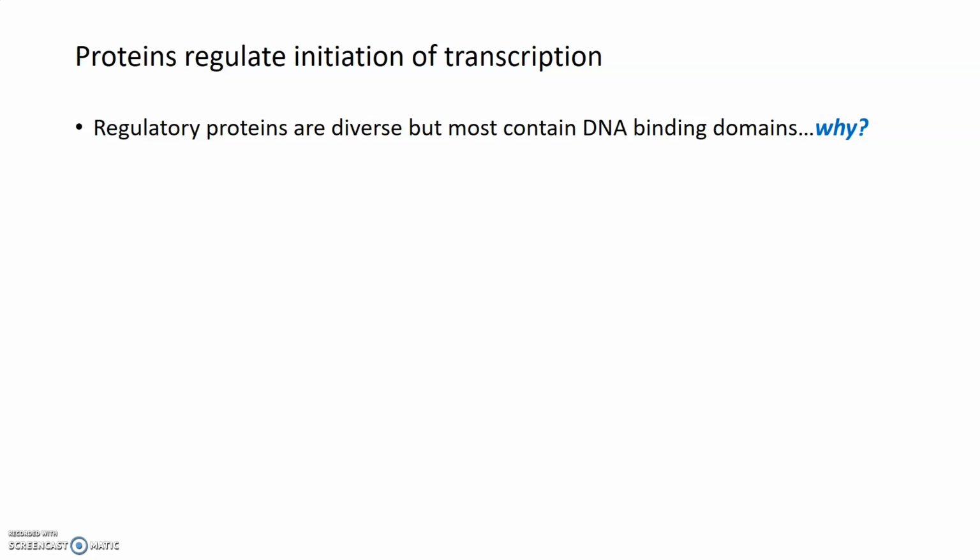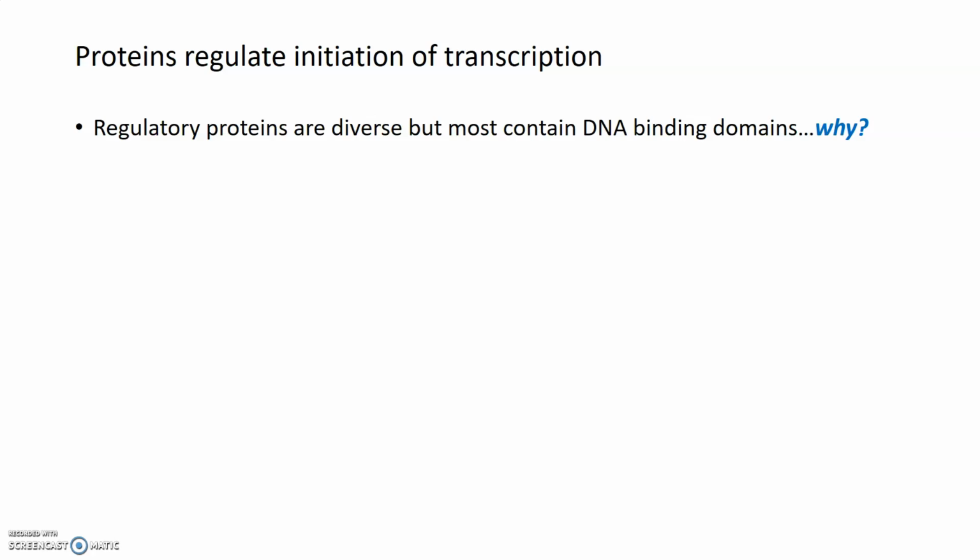There are a lot of proteins that are required to regulate the initiation, or the start, of transcription. These regulatory proteins are relatively different from each other. They're pretty diverse in their structure and how they look. But most of them contain DNA binding domains, because most of them bind to DNA and then recruit other proteins to start transcription.